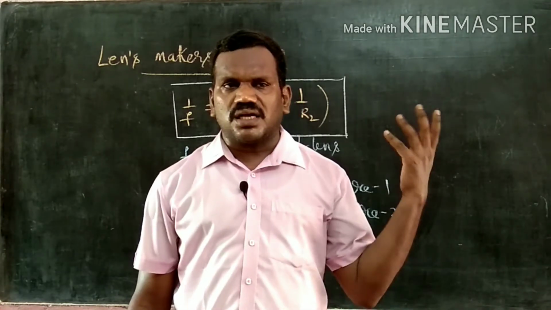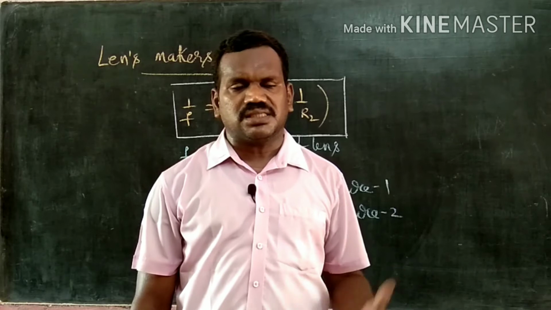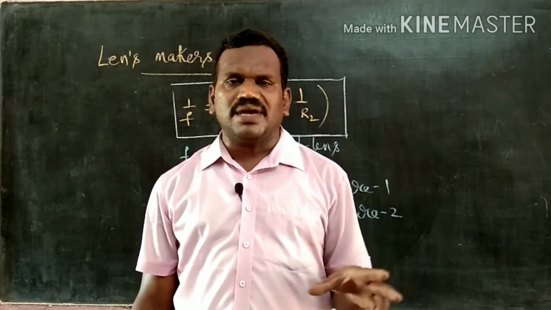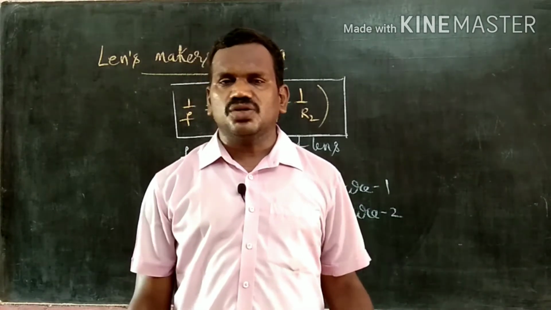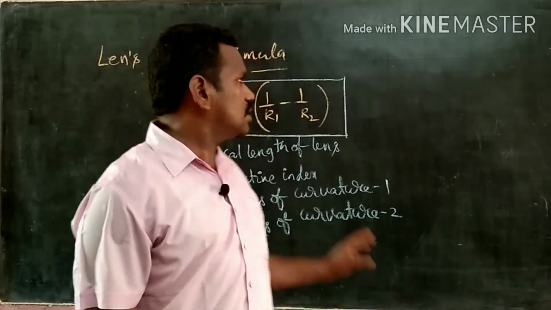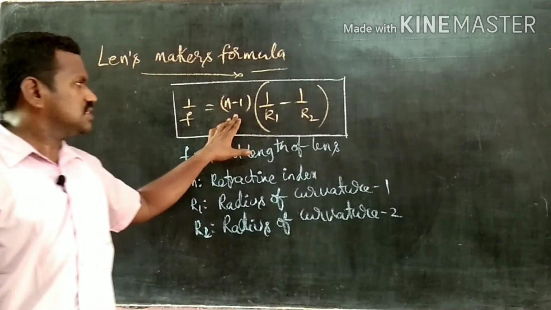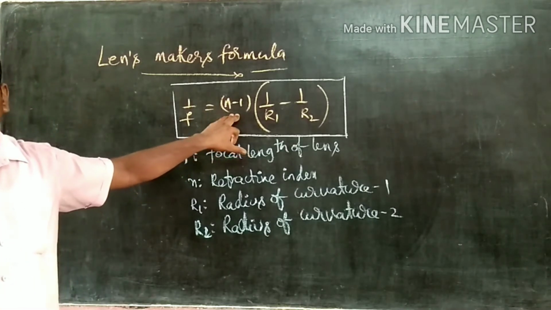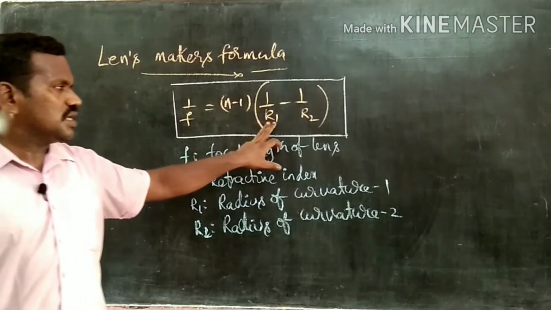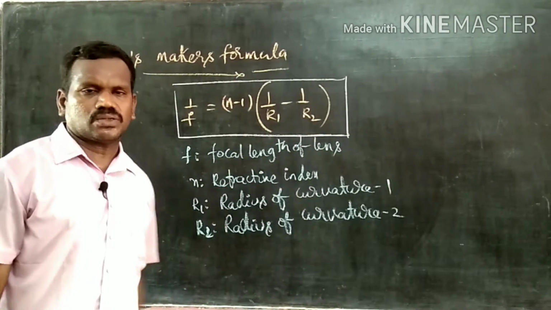So while applying lenses in those cases, we should know the mathematical parameters. Those mathematical parameters come under this formula, that is 1 by f is equal to (n minus 1) times (1 by r1 minus 1 by r2).